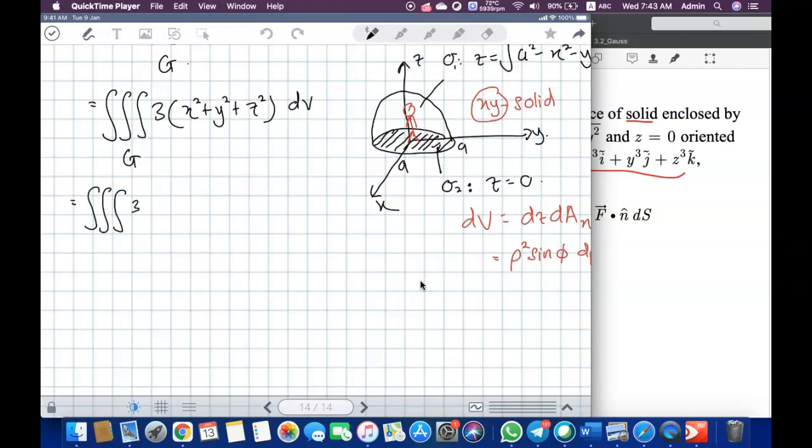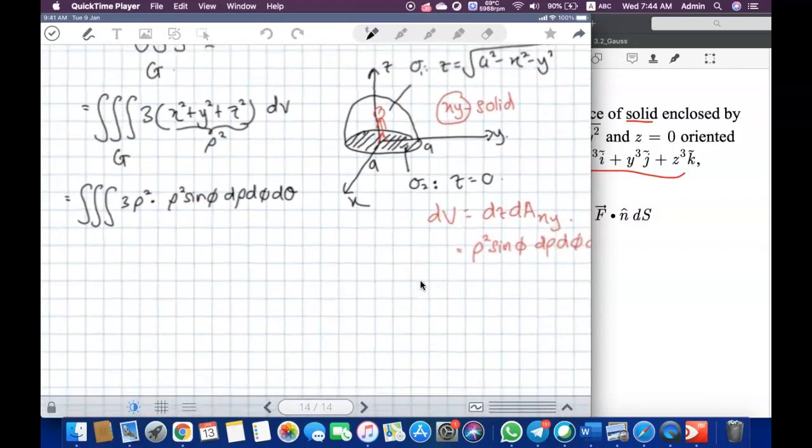So we know that this one will give you rho squared, multiplied by the dV, rho squared sine phi d rho d phi d theta.